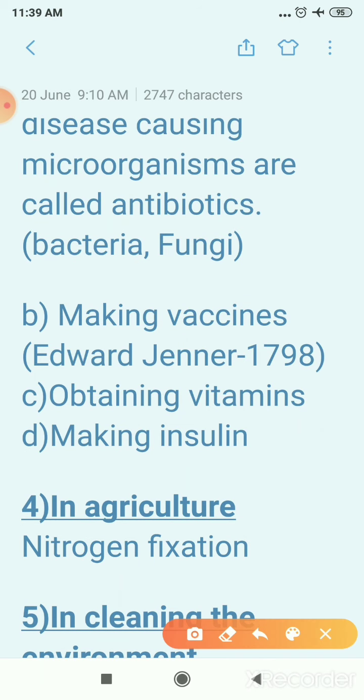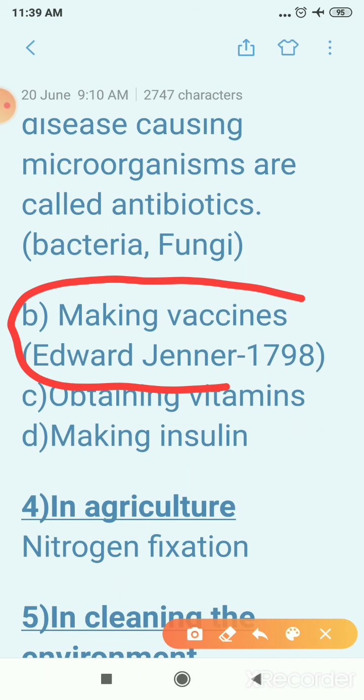Microorganisms are used in making vaccines. What do vaccines do? Vaccines carry microbes in a controlled manner. These microbes are injected into our bodies and they produce antibodies to fight the disease-causing microorganisms.